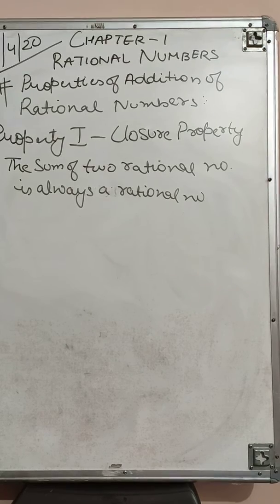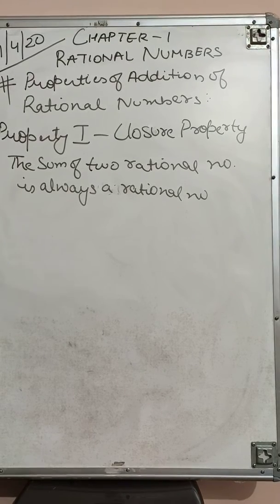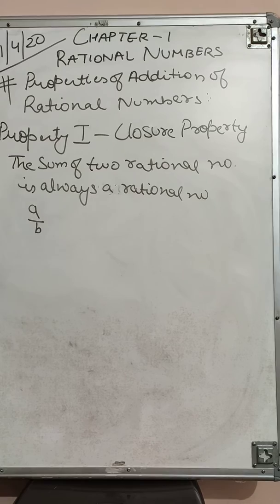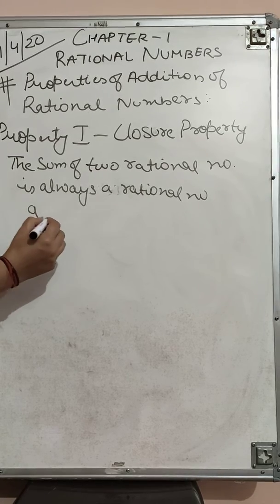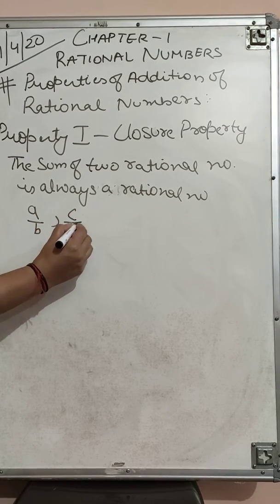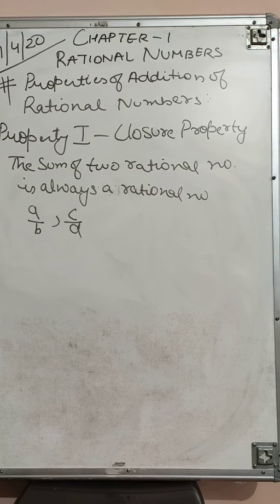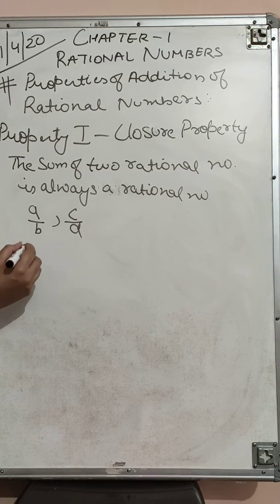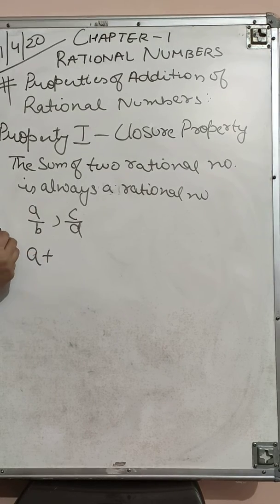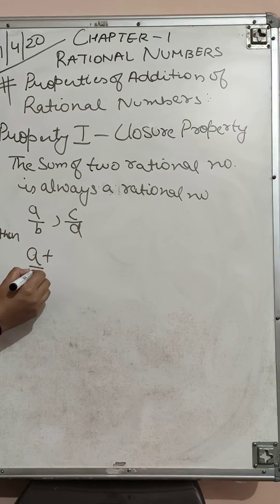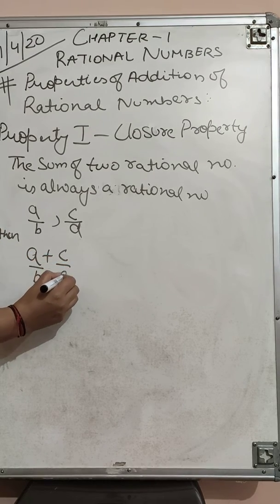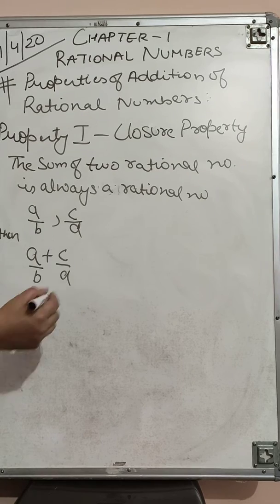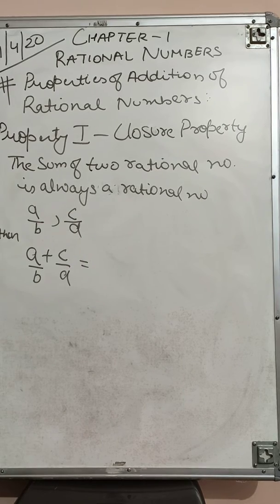Say, if I say A upon B is one rational number and C upon D is another rational number, then A upon B plus C upon D is also a rational number.